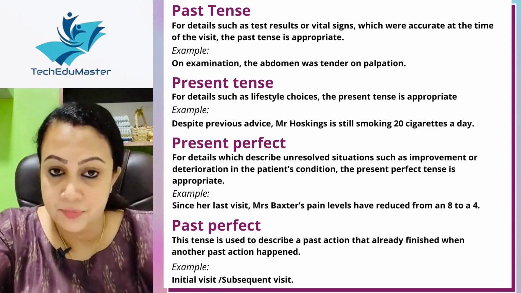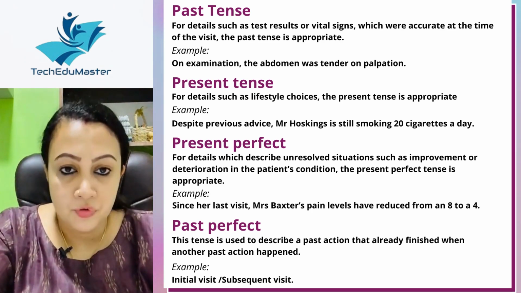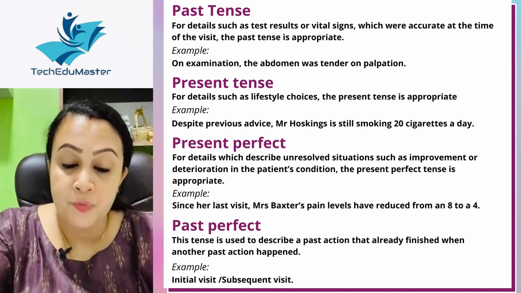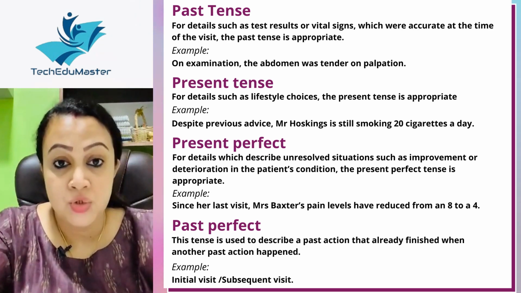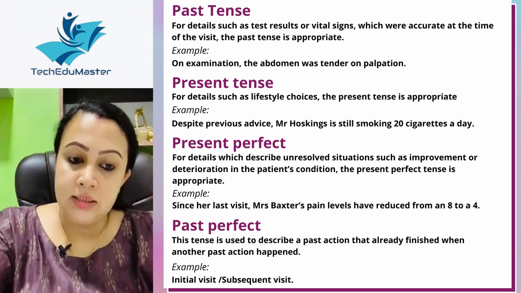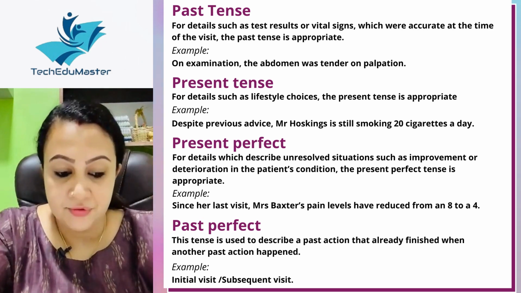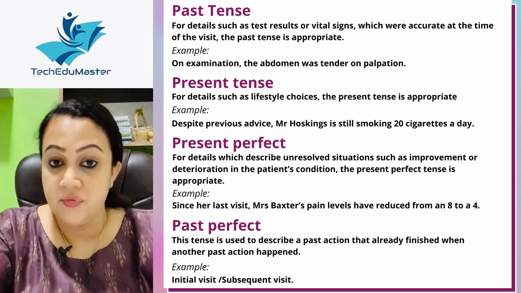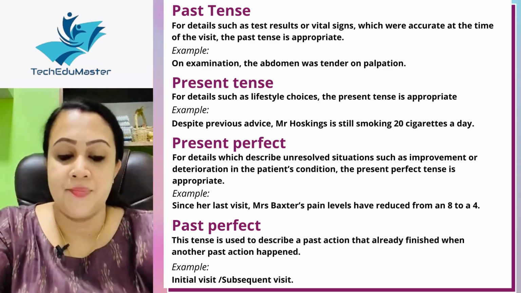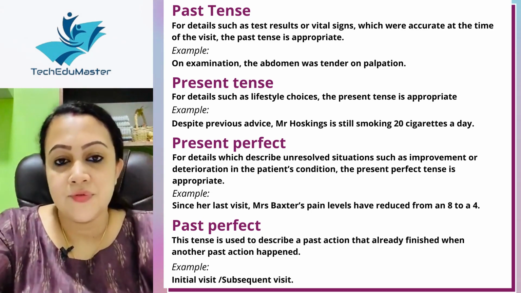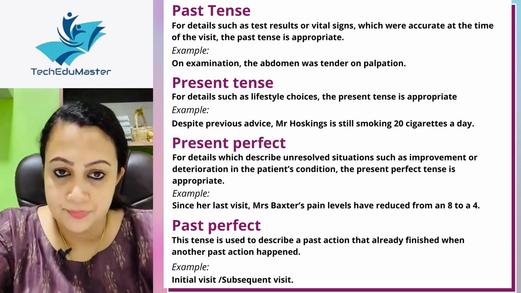When it comes to the present perfect progressive tense, you use has or have plus been plus the -ing form of the verb, like I have been treating. Earlier, in the simple present perfect, it was I have treated, but in the progressive it is I have been treating Mr. X for the past 3 or 4 years.